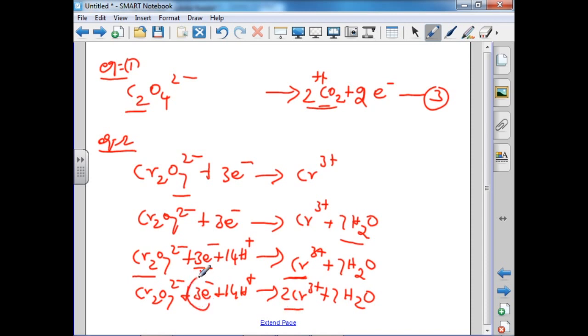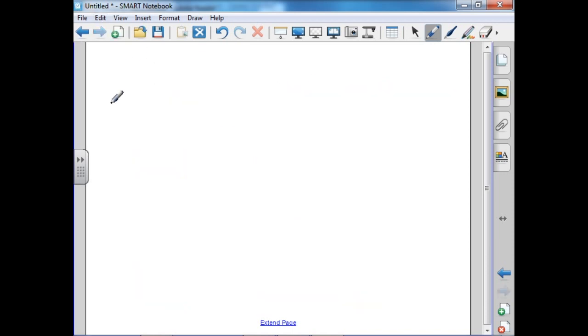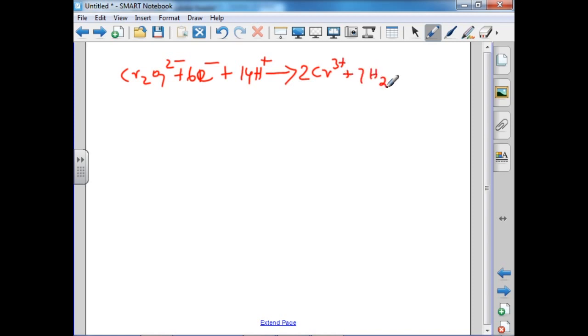So this electron is multiplied by 2. So 3 multiplied by 2 equals 6. So the equation is Cr2O7 2 minus plus 6 electron plus 14 H plus gives 2 Cr3 plus plus 7 H2O. This is equation number 4.